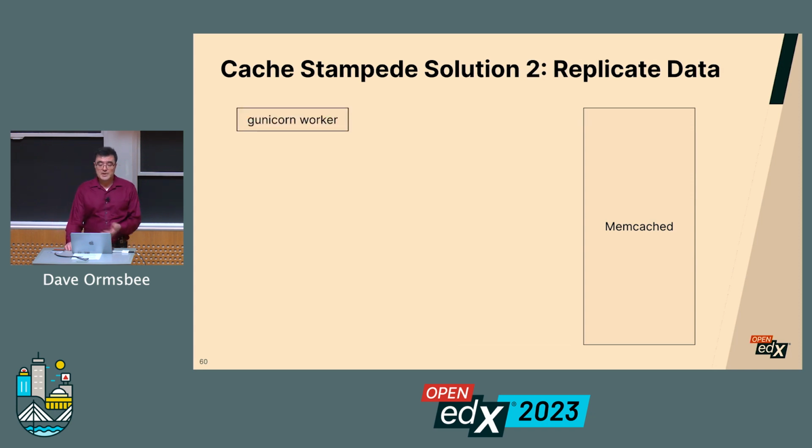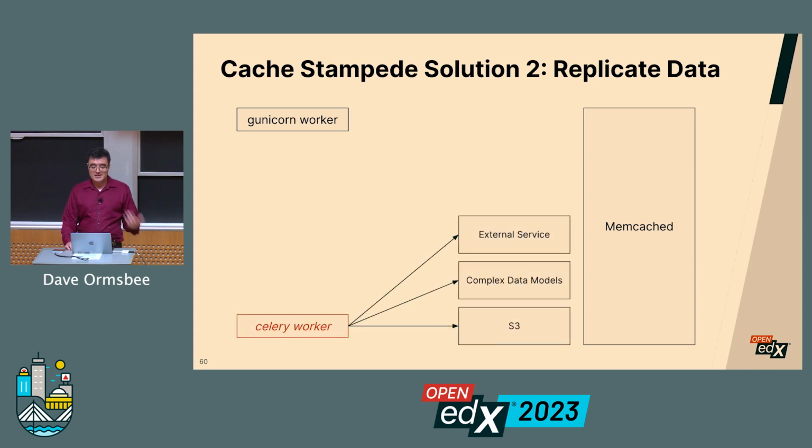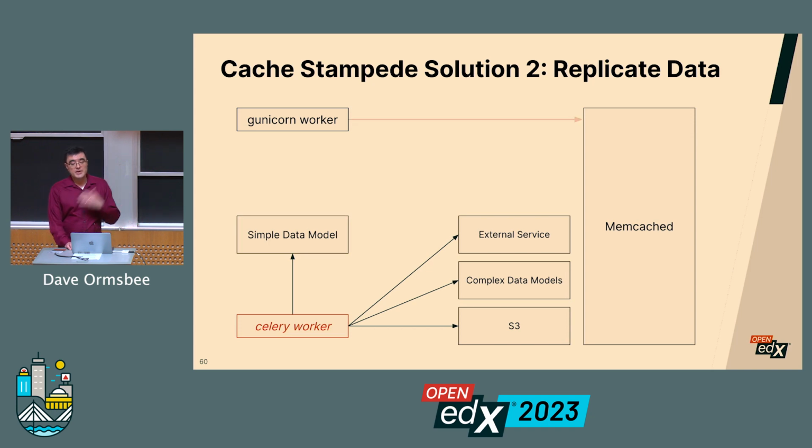So when you replicate the data, instead you have a celery worker that does all that work, and then it sticks it into a much simpler data model. So when your web request does that cache miss, it will just read off the simple data model, and then you don't get that stampede effect. This is operationally more complicated, but this will give you much smoother performance for your users.